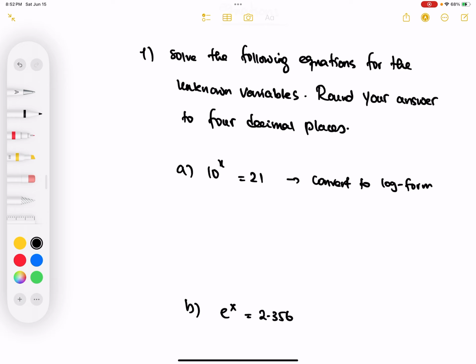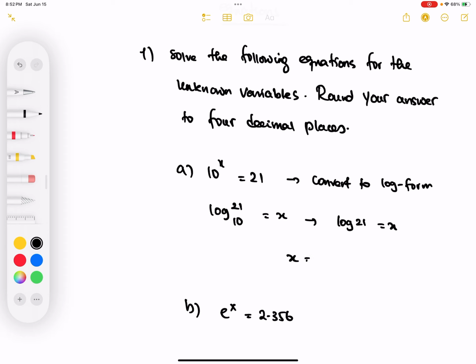The log form is logarithm base 10 of 21 equals x. Since logarithm of base 10 is the common logarithm, it is available as log on your calculator. So go to your calculator, log 21, and it gives you the value.